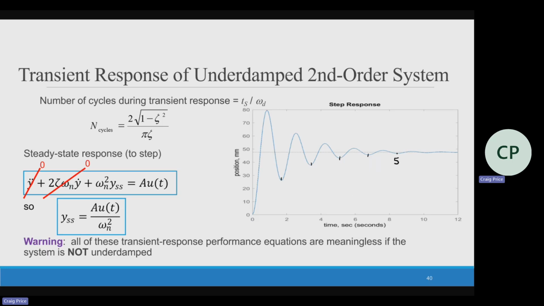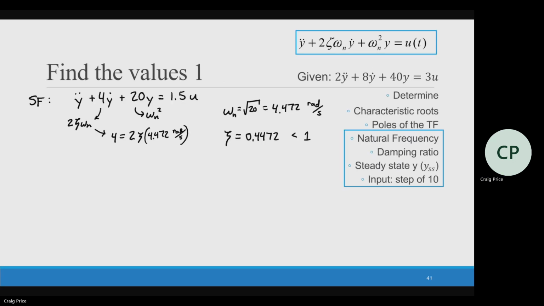So y steady state is equal to A, a constant, times the input divided by the natural frequency squared. Or you can use DC gain to solve it.